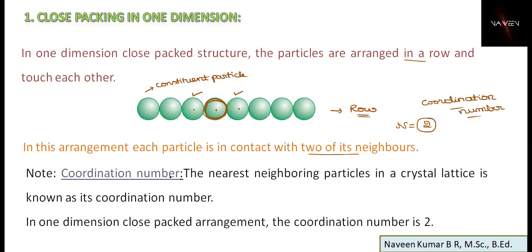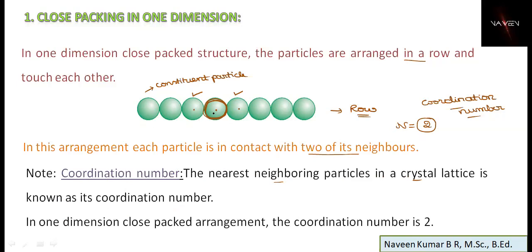Now what is a coordination number? The nearest neighboring particles in a crystal lattice are known as its coordination number. Whether it is in one dimension, two dimension or three dimension, whatever the arrangement of a crystal lattice, the nearest neighboring particles for a given particle is called its coordination number.